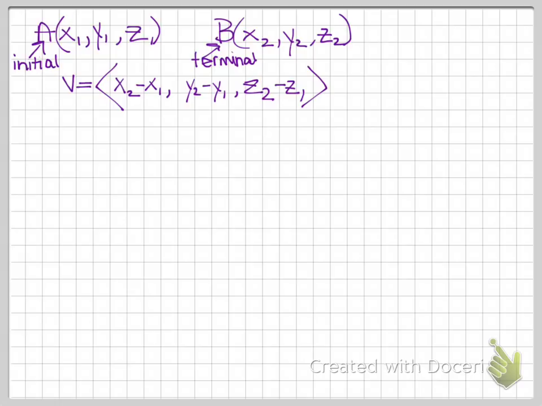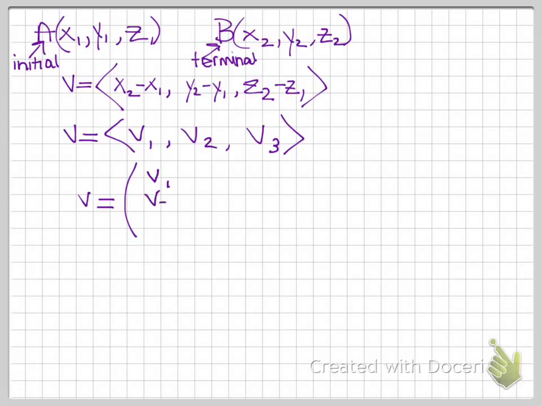So, once we have that vector, we can have it in component form, where it can have v1, v2, v3. We could have it in column form, so v1, v2, v3 in column form.